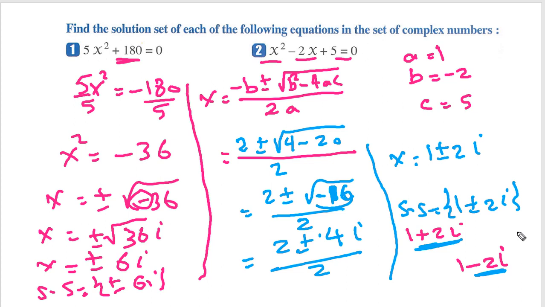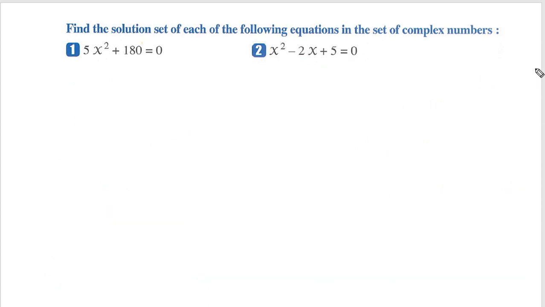Then we know that if you change the sign of the imaginary part, you will get the conjugate of the complex number. Then we must go to know what is the conjugate of a number.